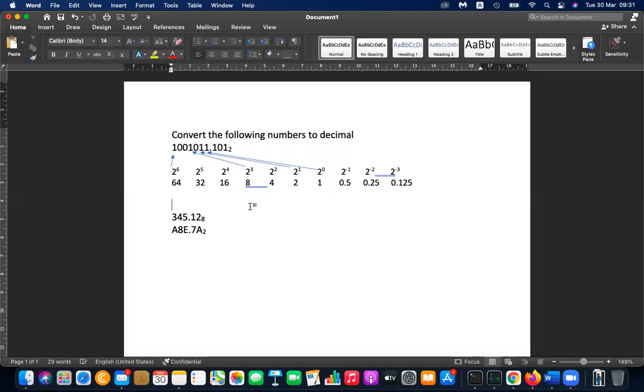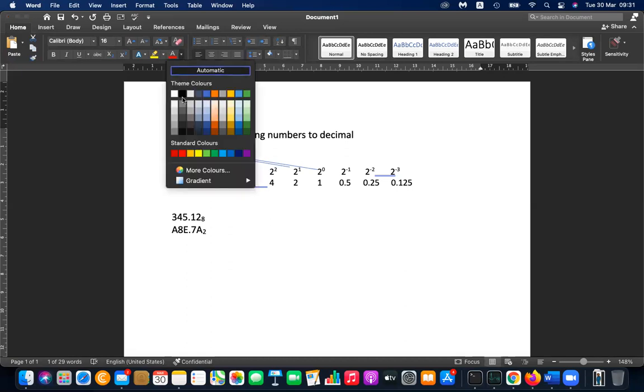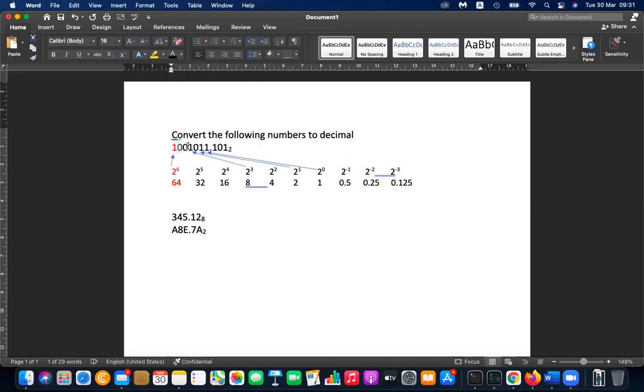Since this is your first example, let's color the values. This is red, and this is also red, and the value of that is also red, and these three let's keep in black color. Next I'm going to change the value to blue color, and this digit is in blue color, but the value is 0, you can see.